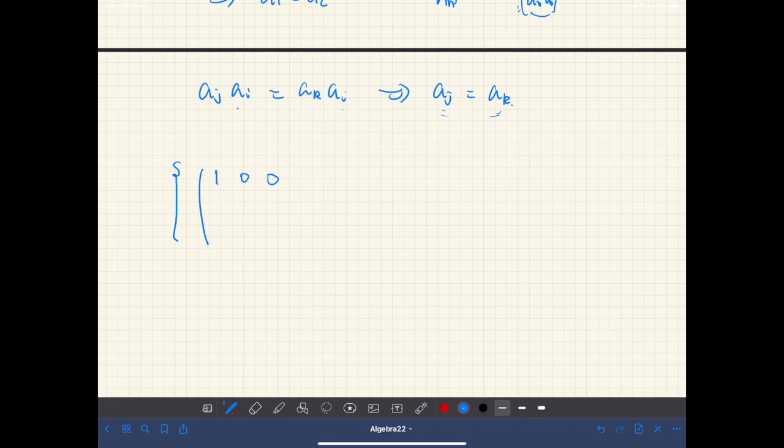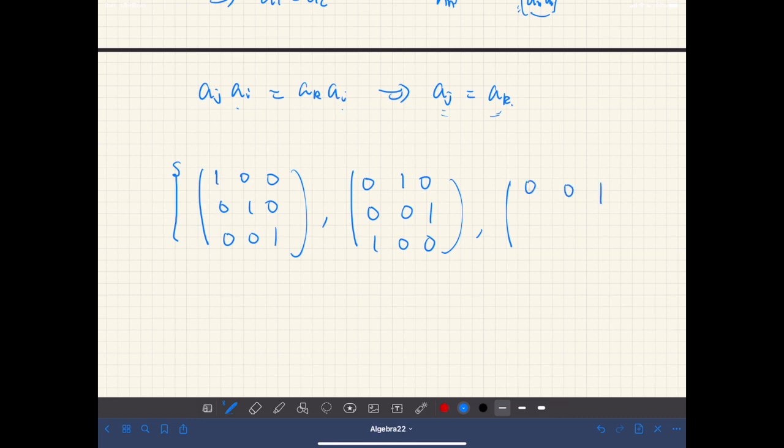So 1 0 0, 0 1 0, 0 0 1. This is the identity element of 3 by 3 matrices. And 0 1 0, 0 0 1, 1 0 0. And the last element, 0 0 1, 1 0 0, 0 1 0.